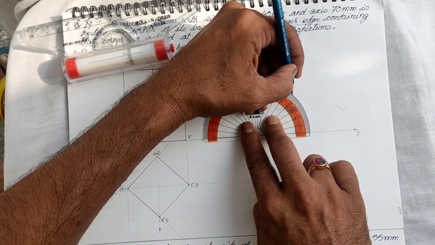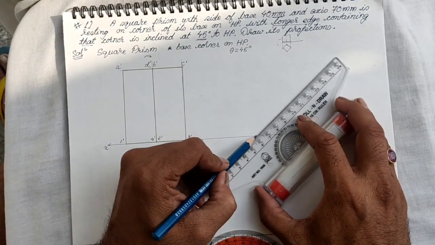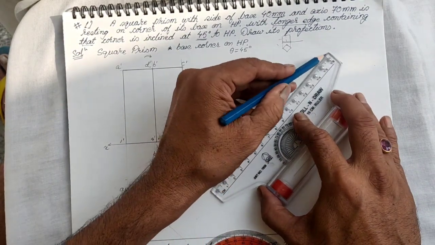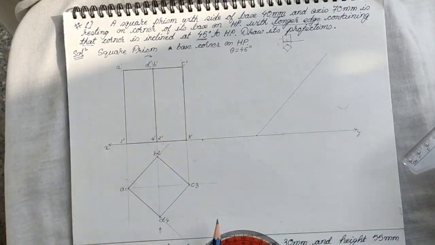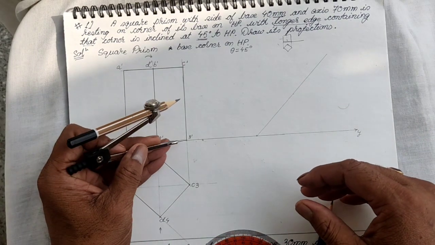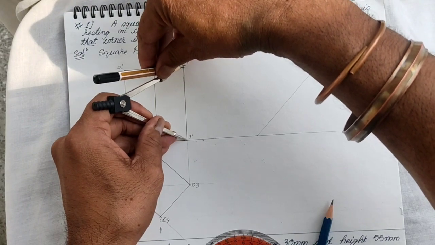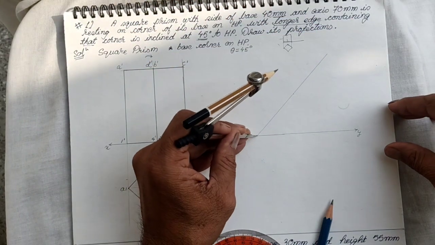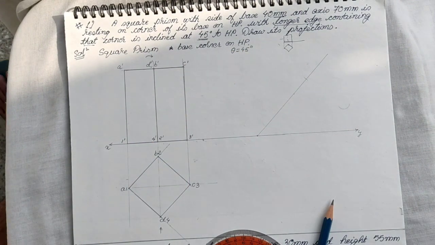So I measure 45 degrees and draw a construction line, and I have to reproduce this same rectangle here, right? So we take this face edge distance, which is definitely 70. In case of a prism, the face edge length will always be equal to the axis length, right?